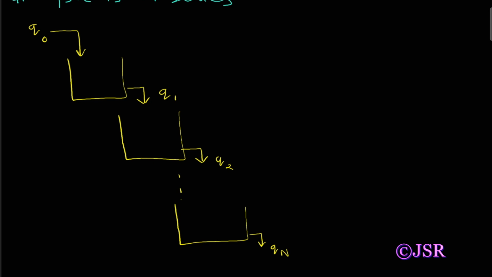So small q0, q1, q2 and qn are the volumetric flow rates of the liquid from tank 1, tank 2 and tank n respectively.